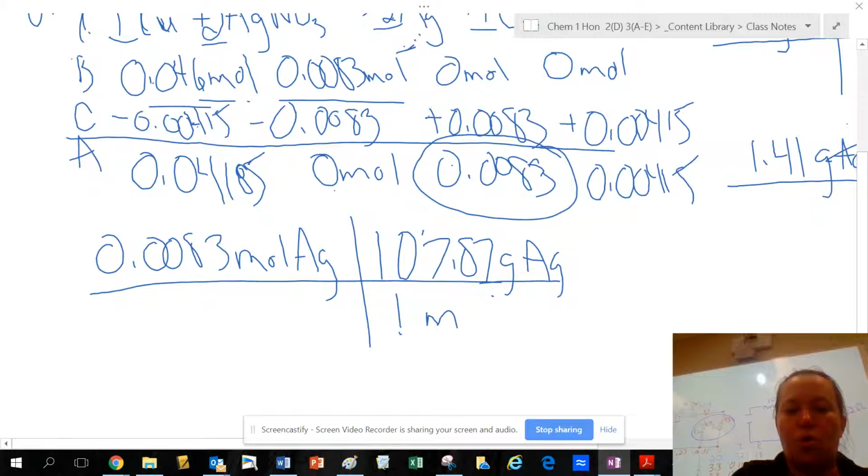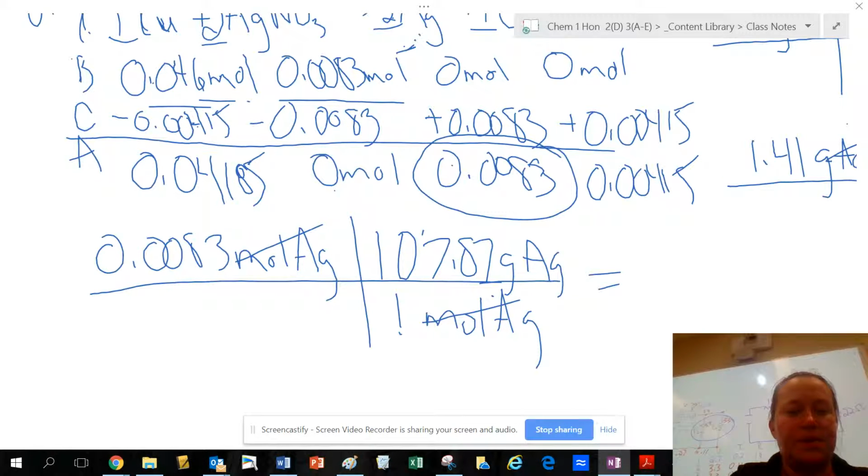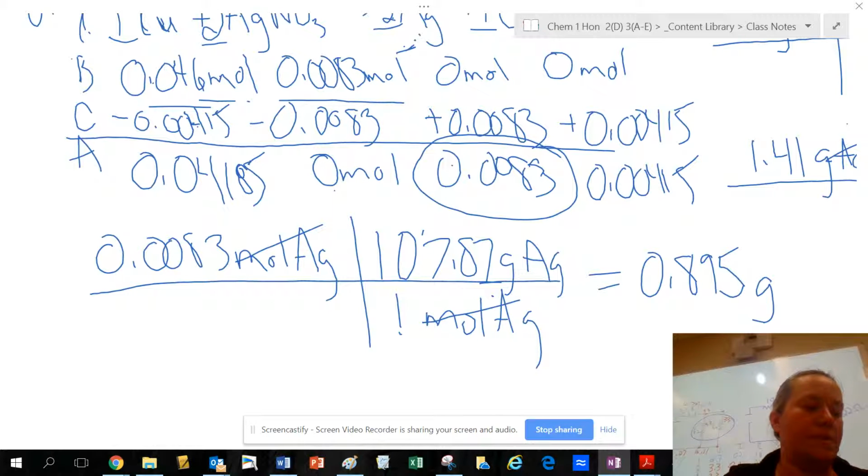And that's it, 1 mole of silver. Ta-da! Moles are canceling. I do my arithmetic, 0.0083 times 107.87, and I get 0.895 grams. And the problem tells me that we obtained 0.87.